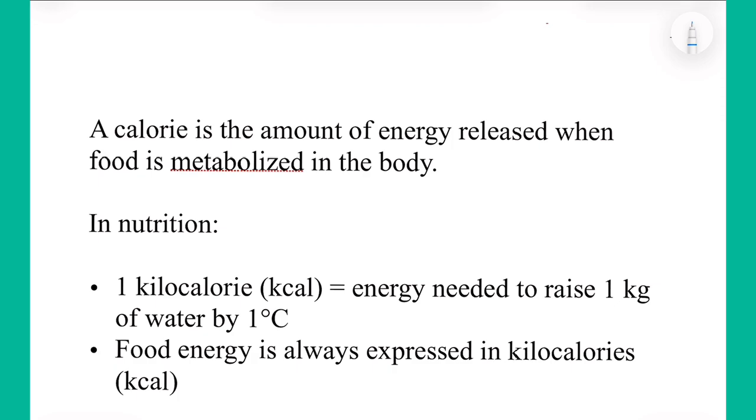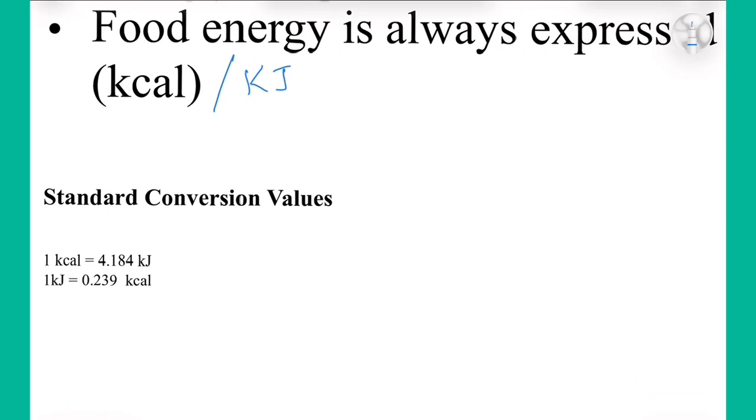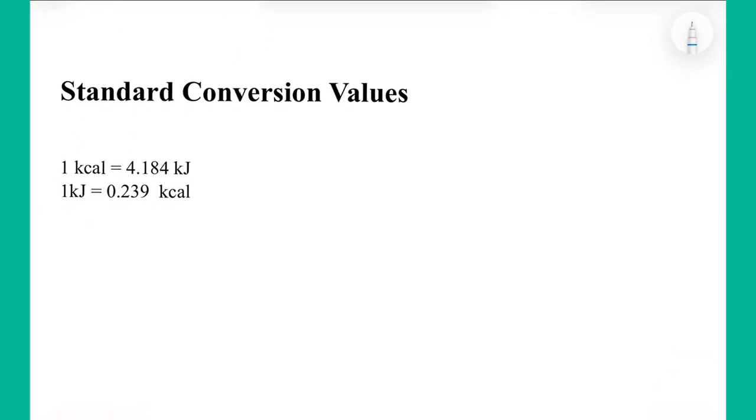Okay, and 1 calorie is equal to the energy needed to raise 1 kg of water by 1 degree Celsius. This is a basic physics concept which is also applicable to nutrition, and it is measured in kilocalories and also kilojoules. You need to remember this. Now moving on to how you can convert.